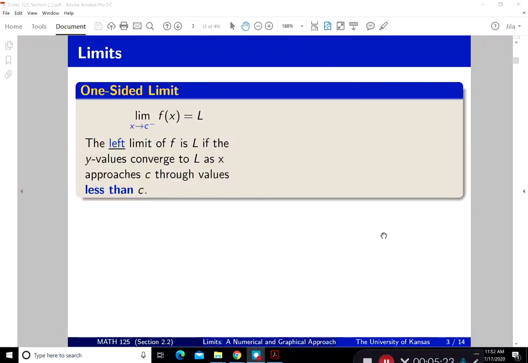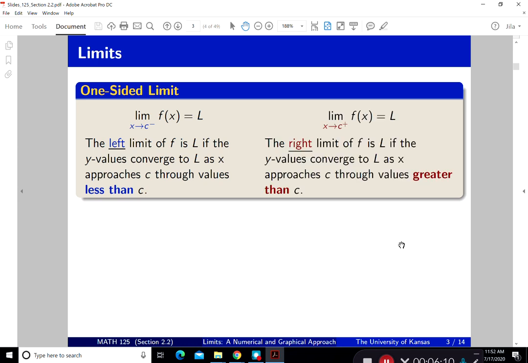Now let's discuss limits. A one-sided limit in this notation is written lim, and underneath you write x right arrow c with a negative on top of c, which means from the left, of f of x is equal to L. And this is the left limit of f: it is L if the y values converge to L as x approaches c through values less than c.